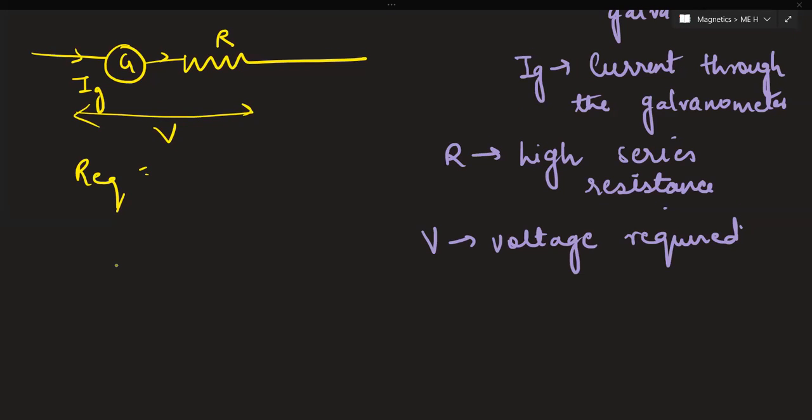Yes, class. Resistance of galvanometer is capital G. The resistance of this resistor is capital R. You know these are connected in series. So what will be the equivalent resistance of this?